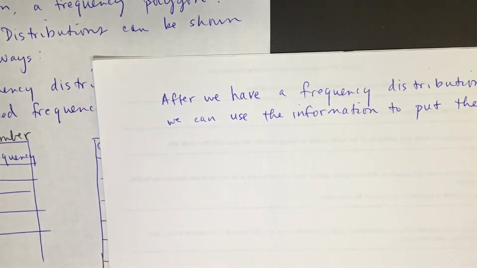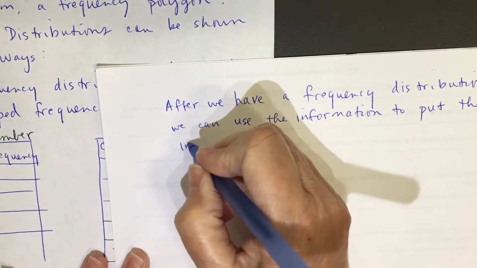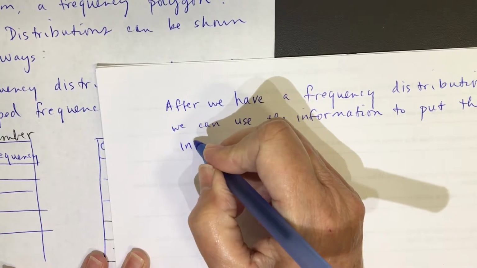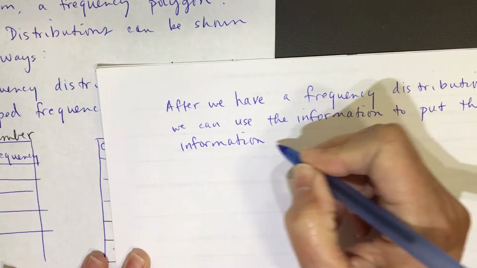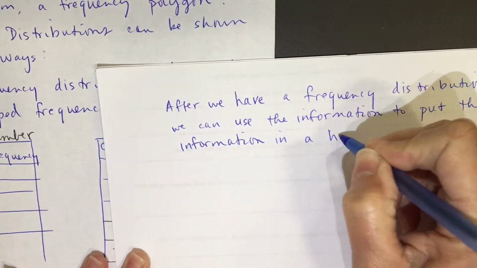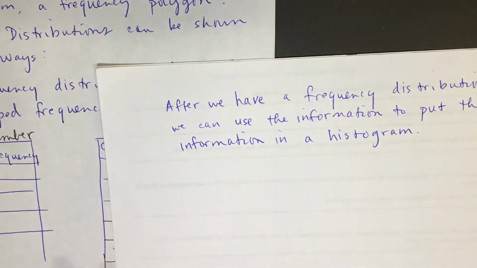Okay, after we have a frequency distribution, we can put the information in a histogram. The histogram is a bar graph.